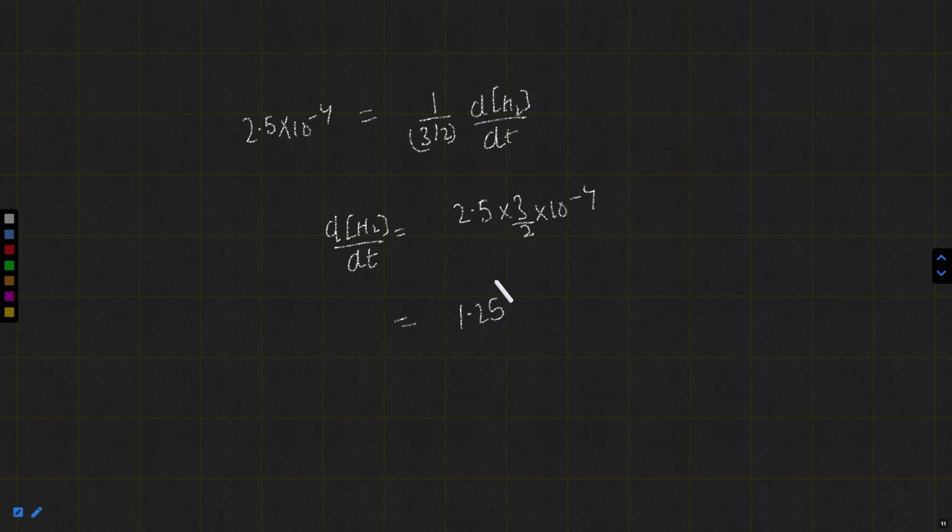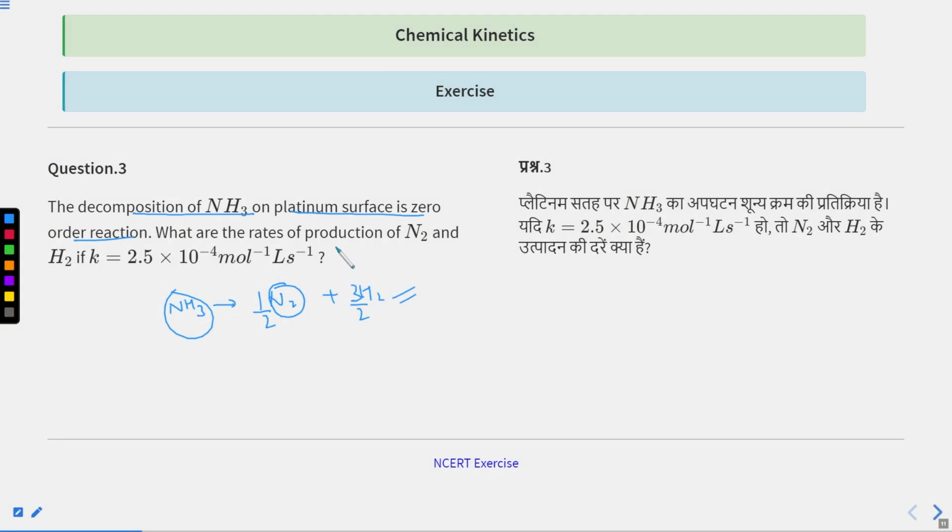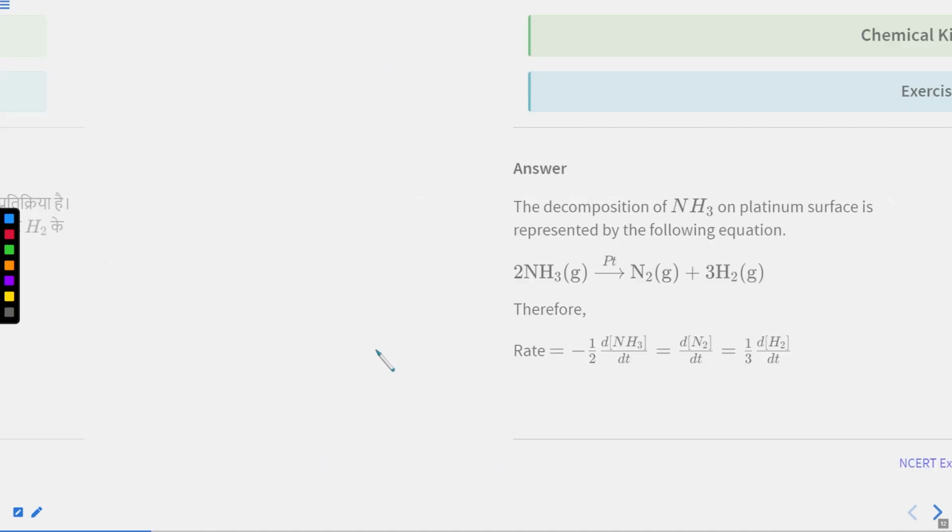So 2.5 by 2 is 1.25, multiplied by 3 gives 3.75. This will again have a unit of mole per liter per second. Clear? So in this way we'll do this question. Simple. Now let us look at the solution.